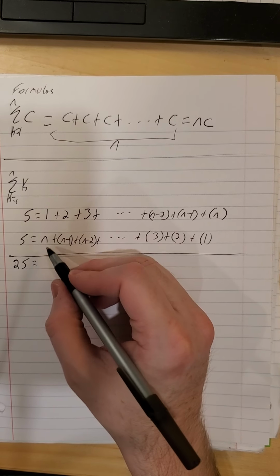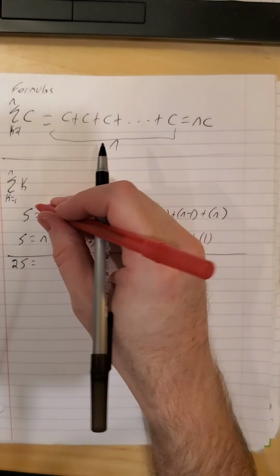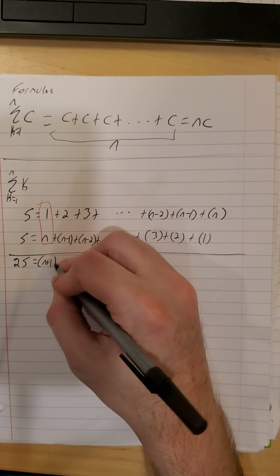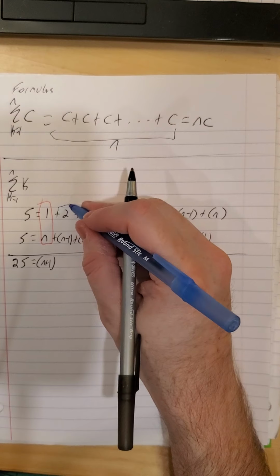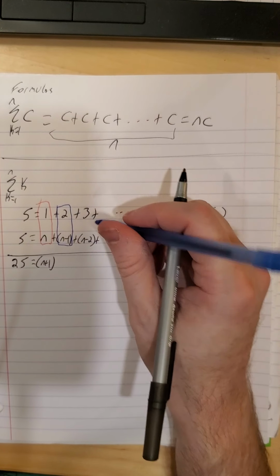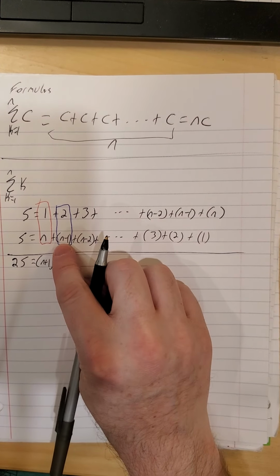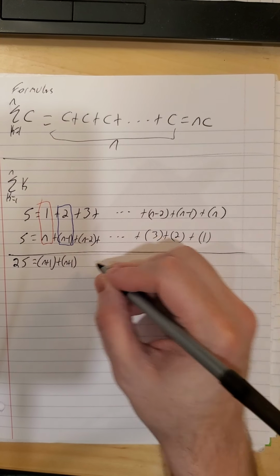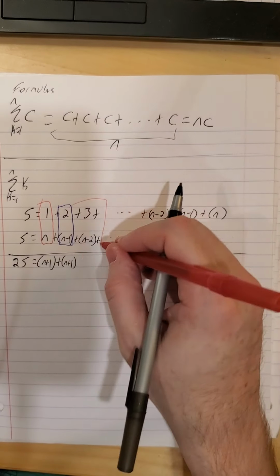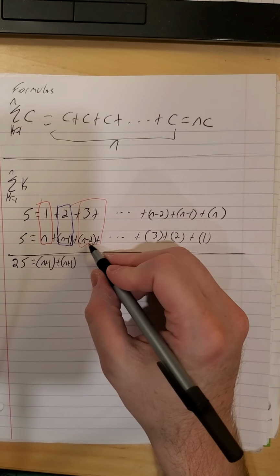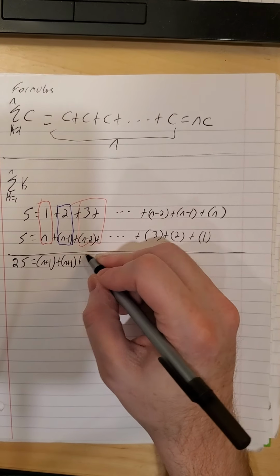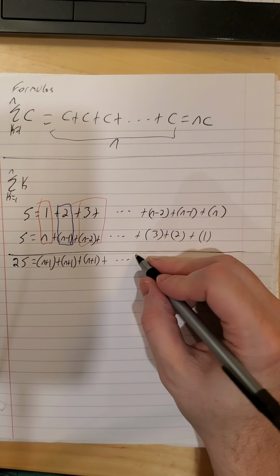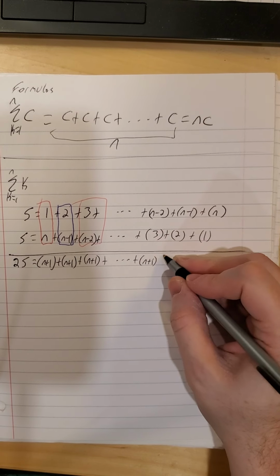So 2s is, well, look at what happens to each pair. This is n plus 1. 2 plus n minus 1, n minus 1 plus 2 is another n plus 1. 3 plus n minus 2, n minus 2 plus 3 is another n plus 1. All of these are turning into n plus 1s.